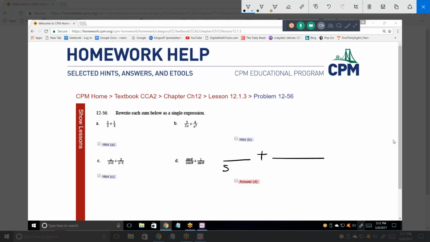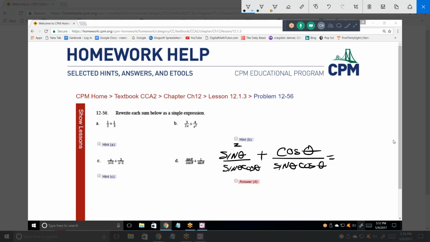In D, what is the common denominator? Sine of theta times cosine of theta. What's the numerator on the top left? Sine of theta, or sine squared theta. And on the right? Cosine of theta. So we get, is that right?